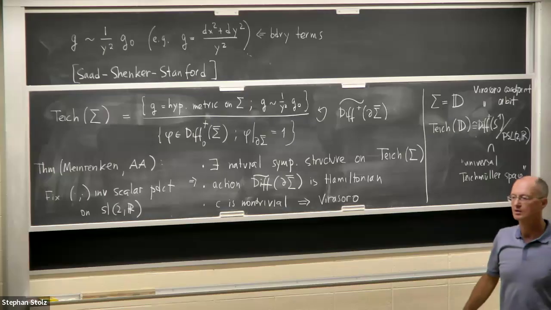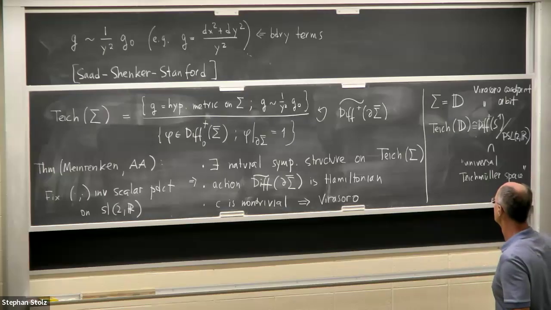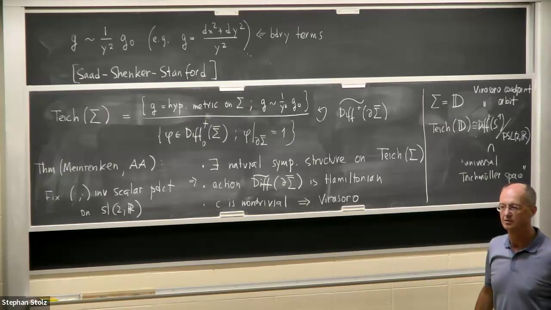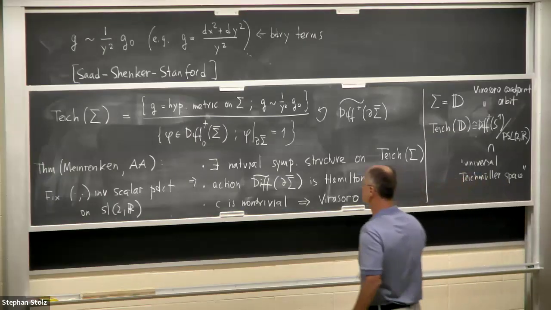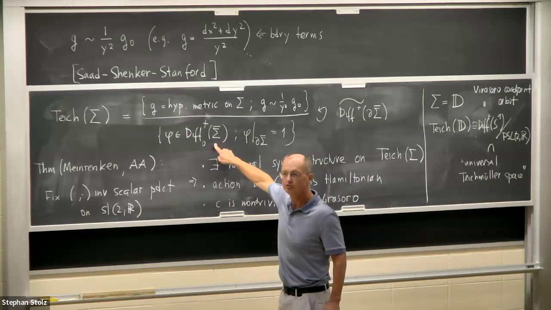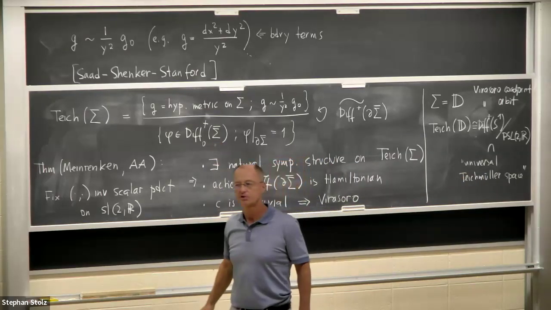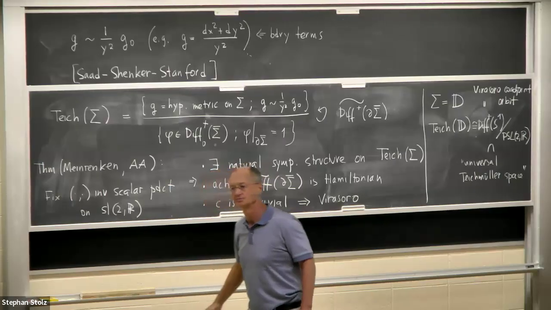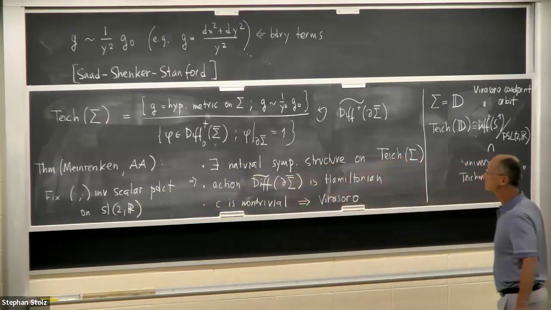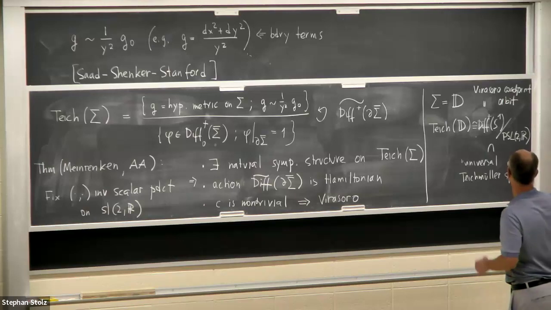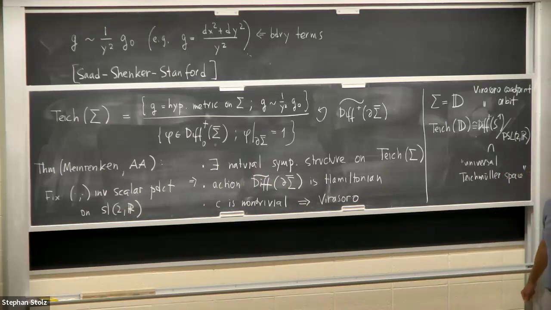Sorry, this Diff plus 0 of sigma bar, is it a normal subgroup? So this guy. Yeah, sure. It's normal? Yeah, of course. I'm wondering, this Teichmüller space has an action of Diff plus and not Diff plus tilde, right?